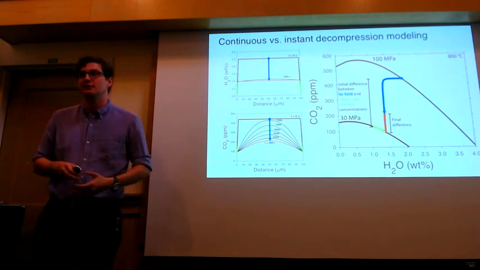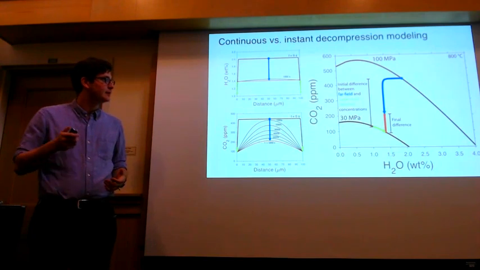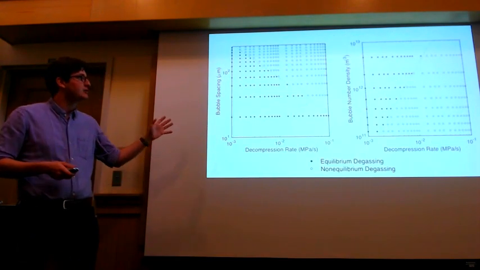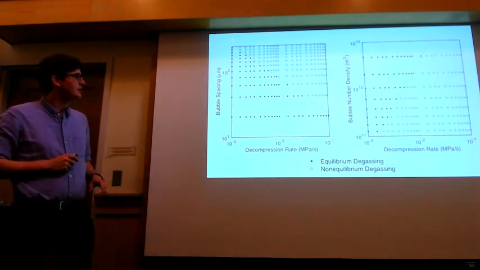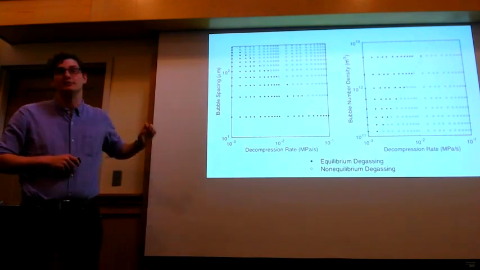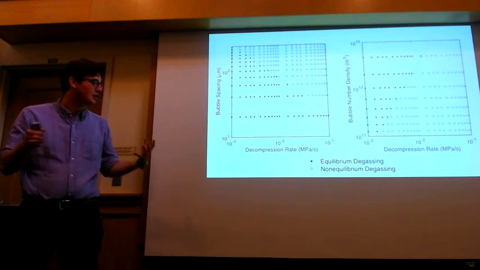So you have some extra time there to equilibrate. And what we found is that you can vary these parameters and get a really nice equilibration space. So on the left axis here, we have log scale bubble spacing, and on the x-axis, we have log scale decompression rate.